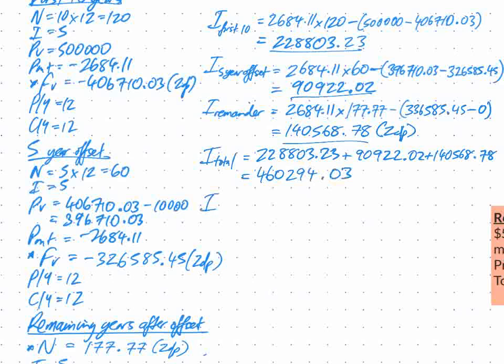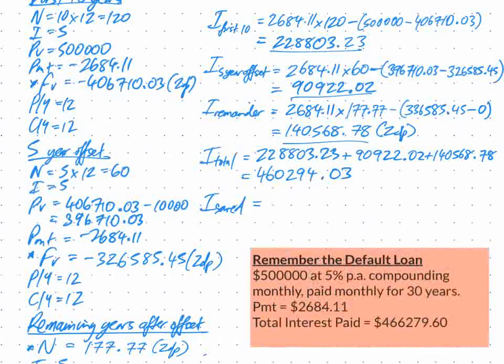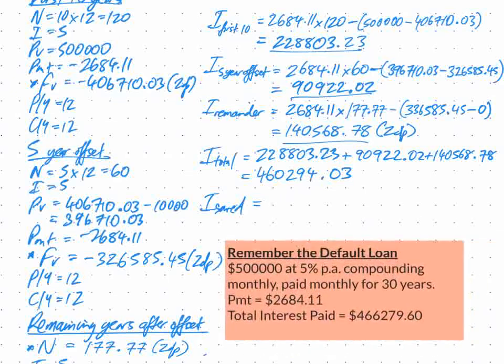So finally we can work out the interest saved, because I finally worked out how much interest I paid in total for this loan that was chunked into 3 separate pieces. The default loan was paying $466,279.60 in interest, but this time I paid $460,294.03 in interest with this offset that happened 10 years into the loan but only lasted for 5 years, and then I took it out.